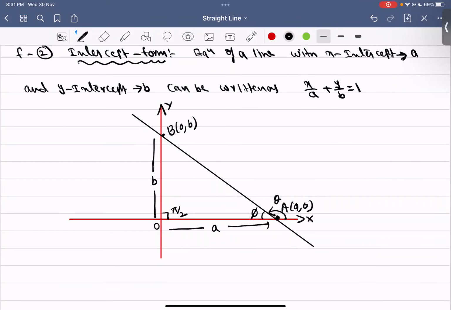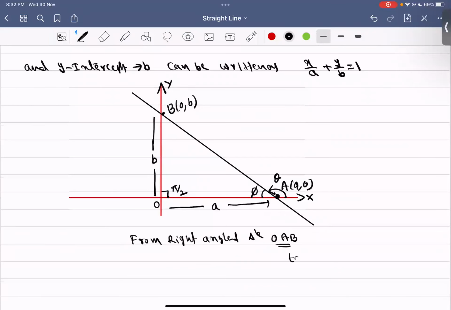So here from right angled triangle OAB, what is tan phi? Tan phi is opposite by adjacent, that is b by a.